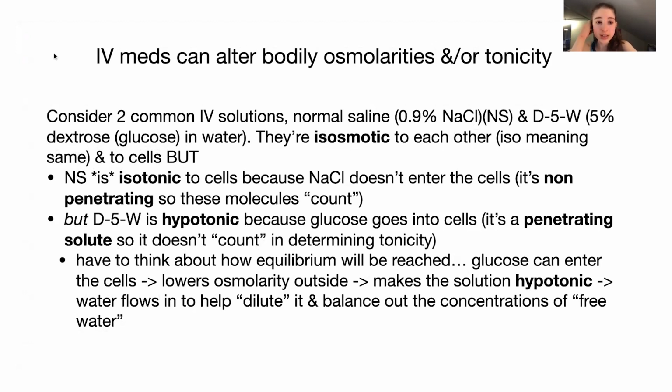If we consider these two common IV solutions, normal saline, which is 0.9% sodium chloride, and D5W, so 5% dextrose or glucose in water, these are going to be isoosmotic to each other and to cells. So they have an equal amount of dissolved stuff. But the normal saline is isotonic to cells because the sodium chloride doesn't enter the cells.